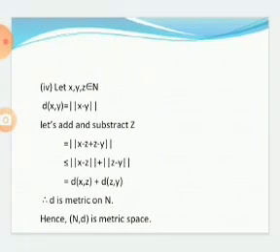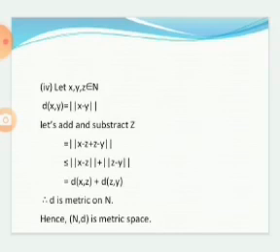And another condition is, let x, y, z belong to N. Let us assume the function d of x comma y is equal to norm x minus y. Let us add and subtract z. So that is equal to norm of x minus z plus z minus y.